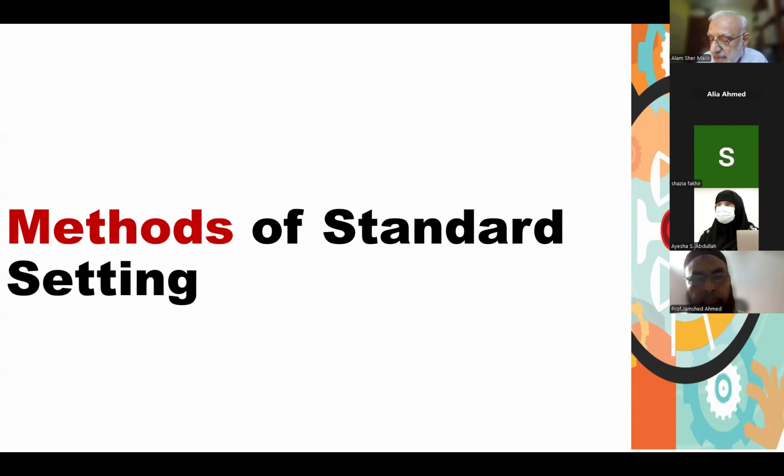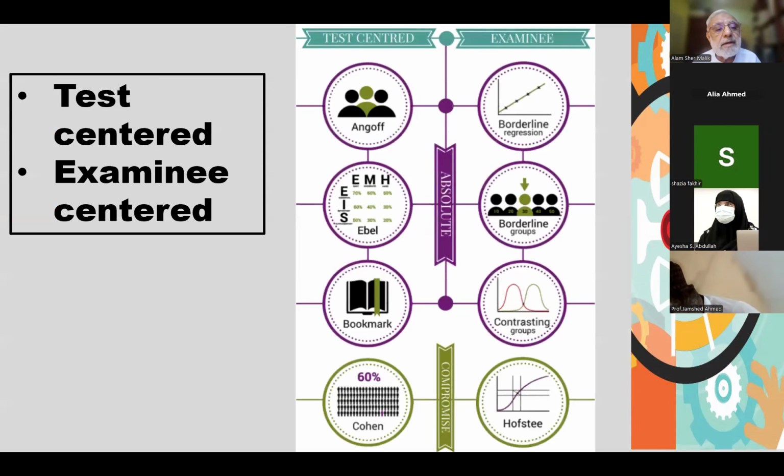So there is a norm reference and a criterion reference, but in our high stake examinations we are using the criterion reference, and we can use norm reference in other areas, not in high stake examinations.